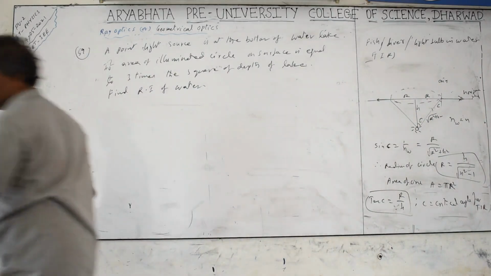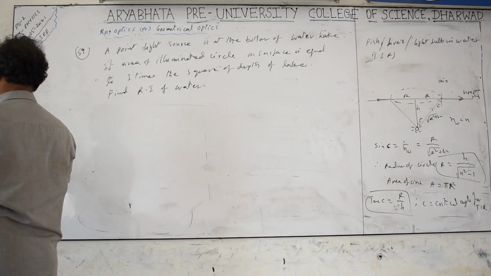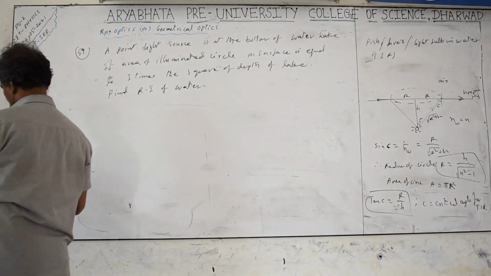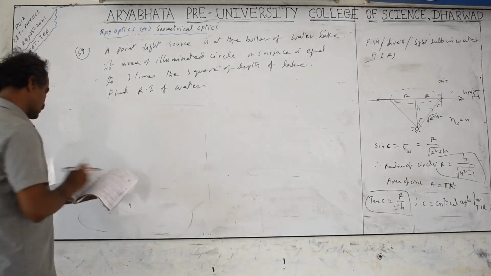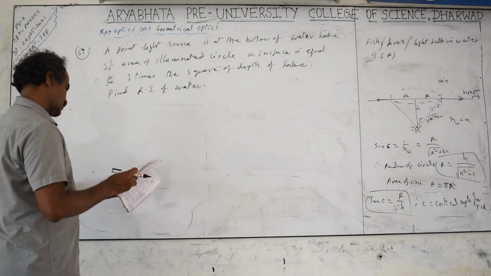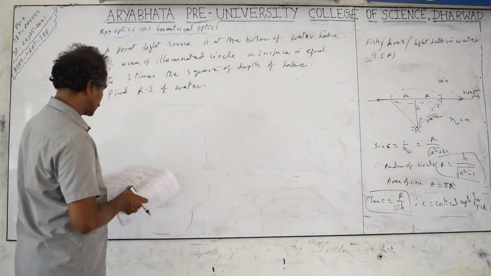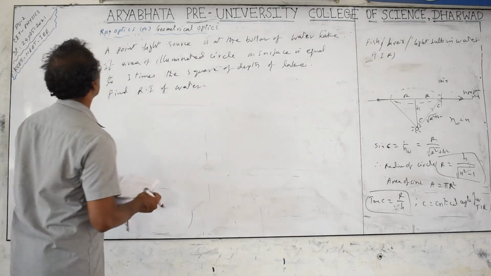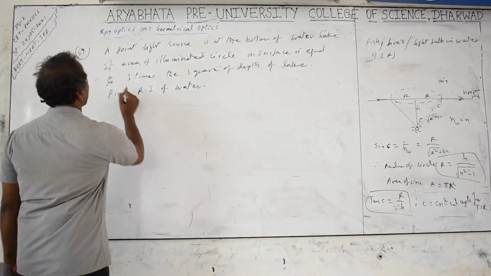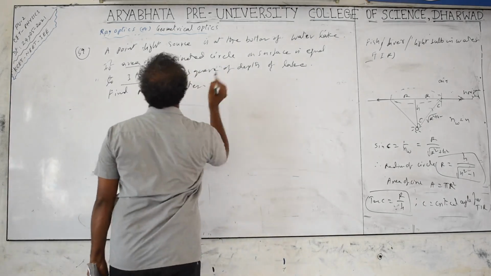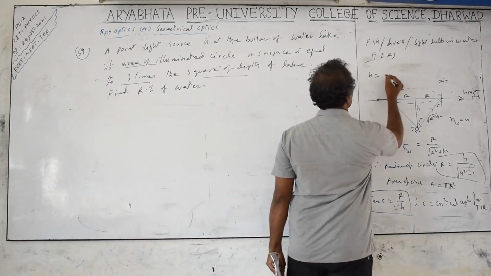Area is given here. The point source is at the bottom of the water lake. The area of the illuminated circle on the surface is equal to 3 times the depth. H is the depth of the lake.